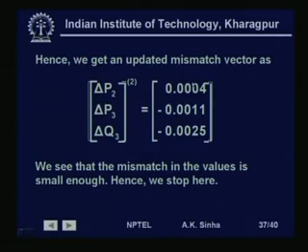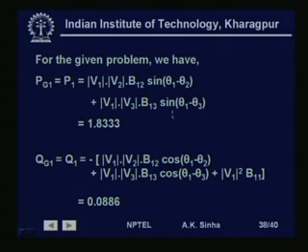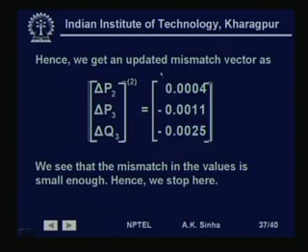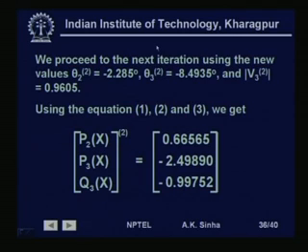So, what we are saying is that if we can accept this kind of accuracy, then we have already obtained our solution, where we have the value of x, that is, theta 2 as minus 2.285 degrees, theta 3 as minus 8.4935 degrees, and V 3 as 0.9605 per unit.